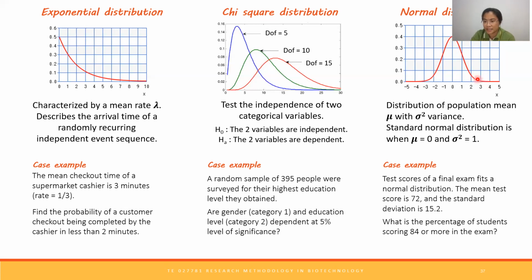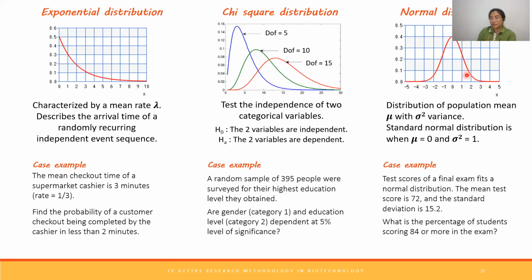So what is the percentage of students scoring 84 or more? 84 or more is probably somewhere around here. So we see how many percent is in that area under the curve that is cut at 84 or more.